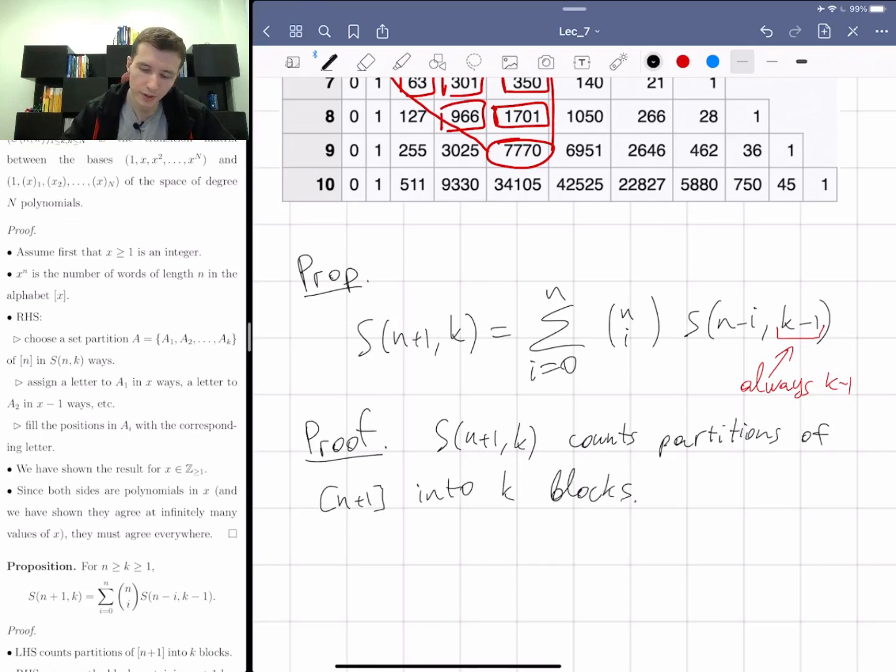For the previous recurrence we looked at the block which contains n plus 1. Previously we removed n plus 1 and got some fewer blocks, but what you can also do is choose the block for n plus 1.